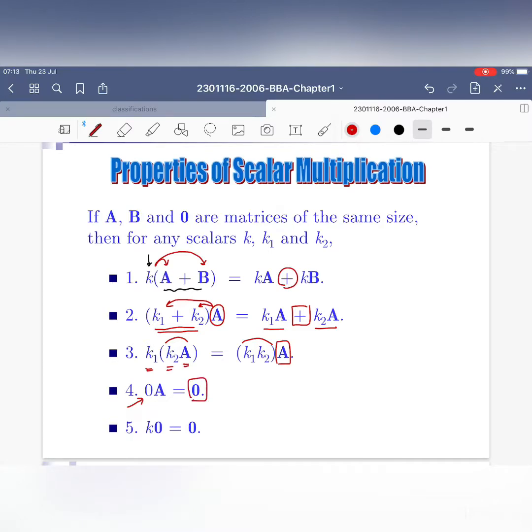Can you notice that when we are talking about a scalar, it is in normal case, but the matrix is in boldface? A boldface means a matrix. In this lecture note, if you have any scalar multiplied by a 0 matrix, you get, of course, a 0 matrix.